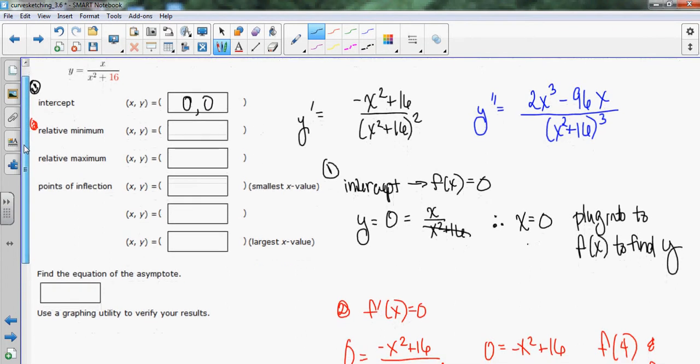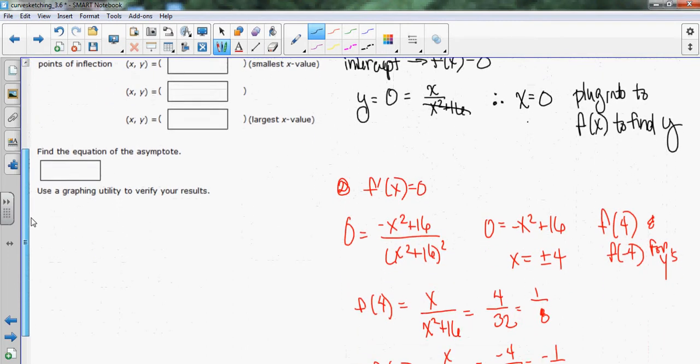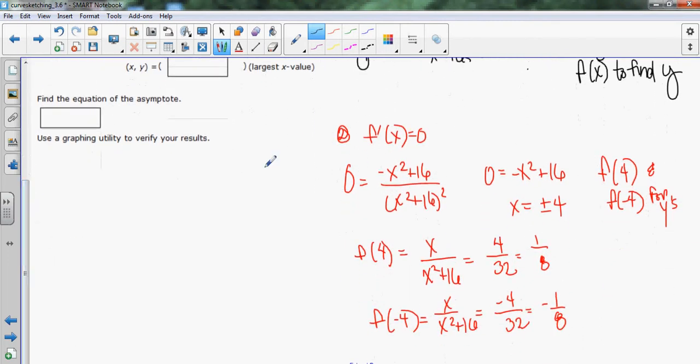Now to find the min and the max, you're going to do that with your first derivative, and your first derivative was negative x squared plus 16 over the x squared plus 16, that quantity squared. Again, when you cross multiply, basically your denominator drops out and you have this guy equal to 0. When you bring over the 16, you get a negative 16, or you can bring over the x squared, get a positive x squared.